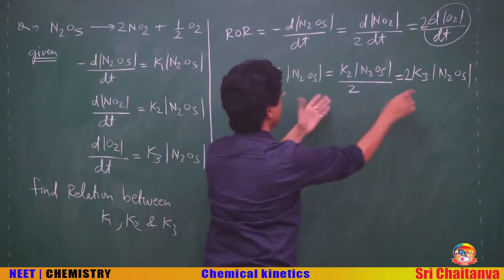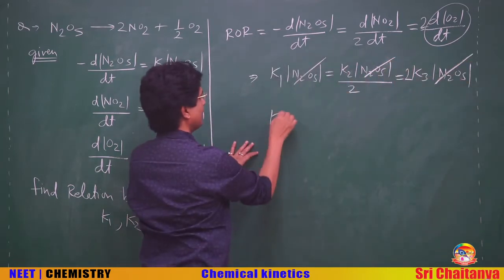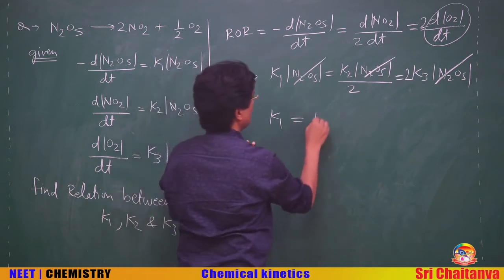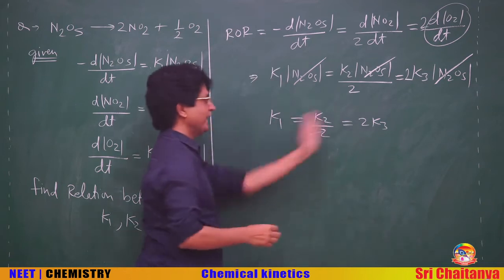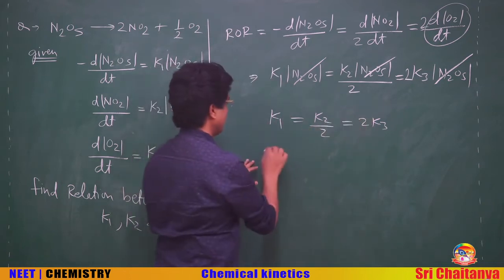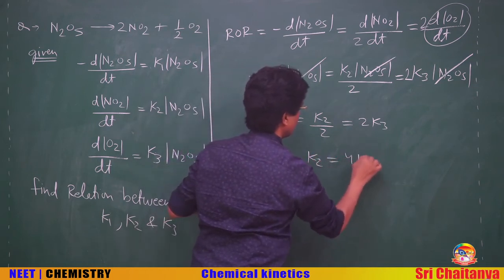Now once they are equated, the concentration of N2O5 can be cancelled and we are left with K1 equals K2 by 2 equals 2K3. Simplifying that, on multiplying by 2, I will get 2K1 equals K2 equals 4K3.